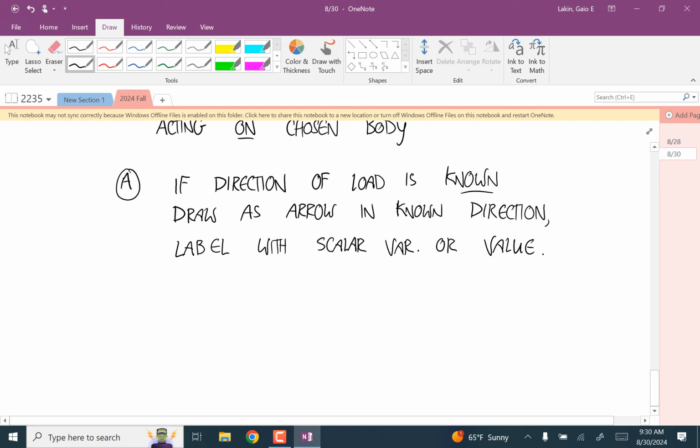So that would be something like, if you know the direction is this way, label it with an R or whatever you're going to use for the variable. And then in the equations, the way you would represent this is this R times the unit vector in that direction.